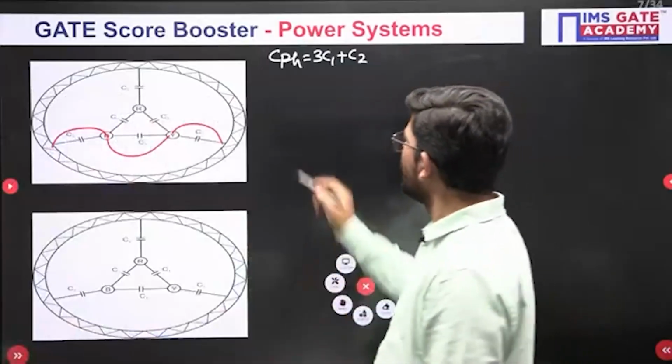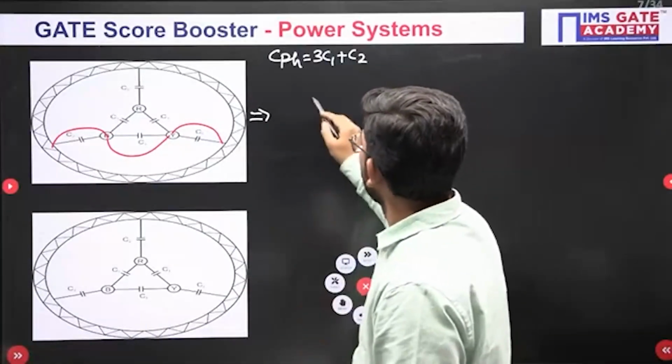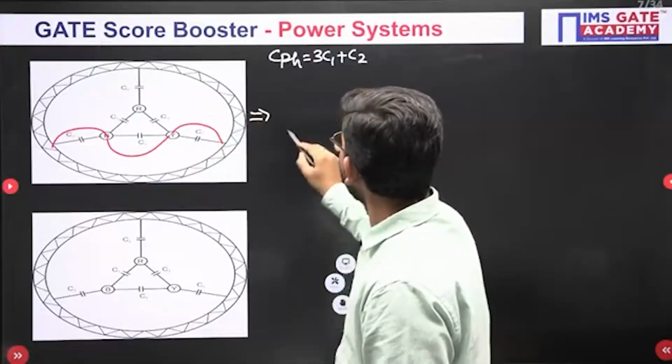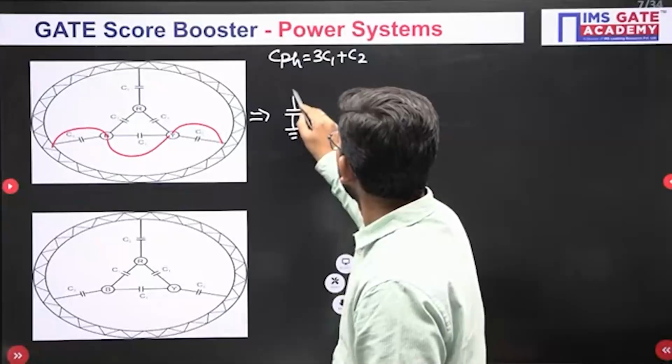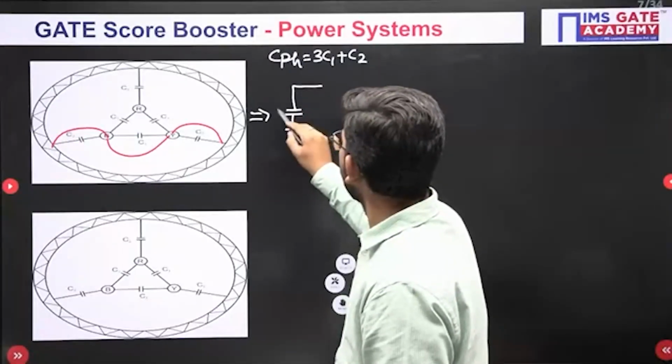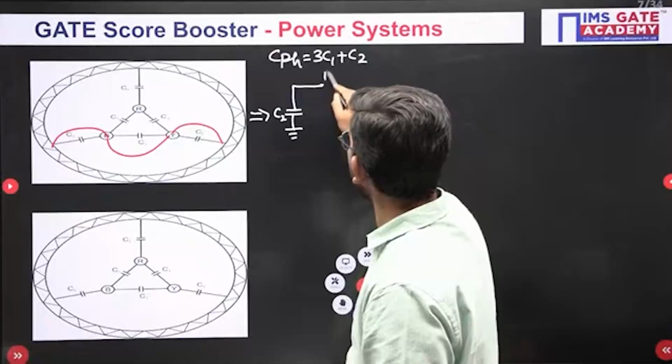So this is what we are doing, okay. The equivalent combination for this case will look like this. We will have one capacitance between the sheath and this R phase, which we can call C2.